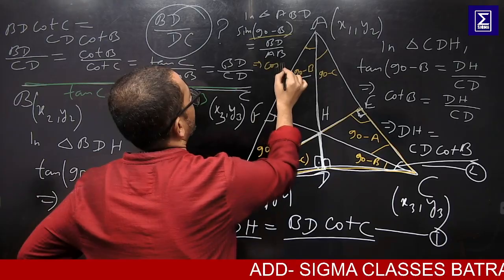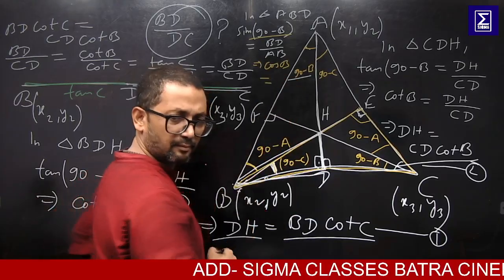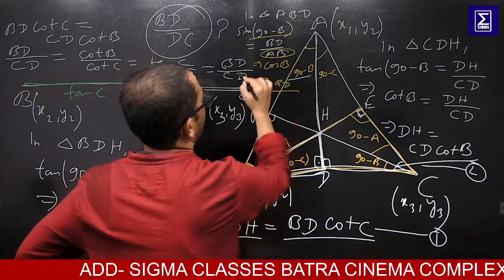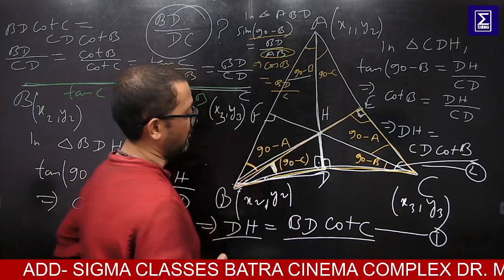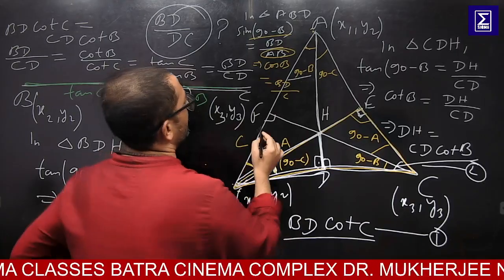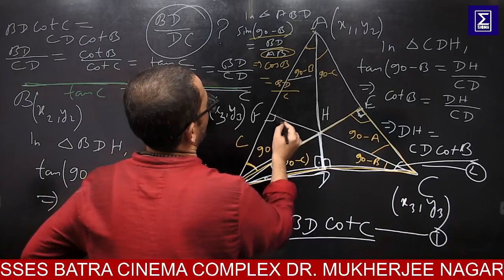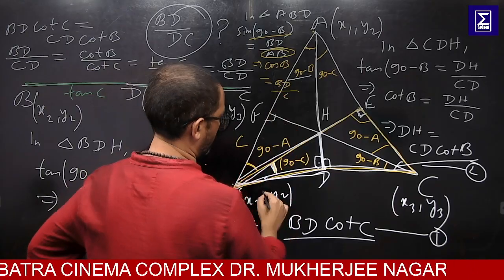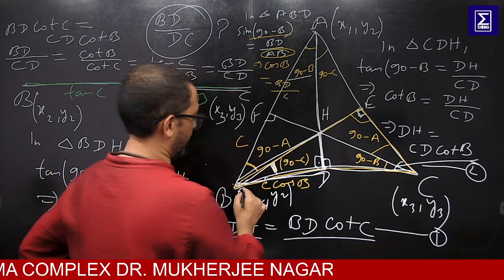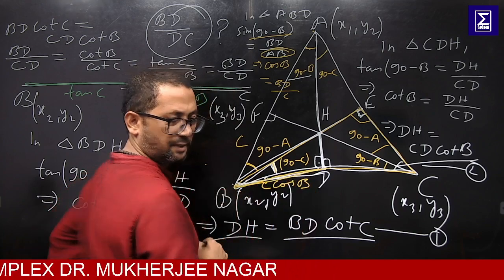Cos B. And in place of AB can you write small c, because this side can be represented with a small c. So if you do the cross multiplication, you will get BD is c cos B. The length of BD is nothing but c cos B.